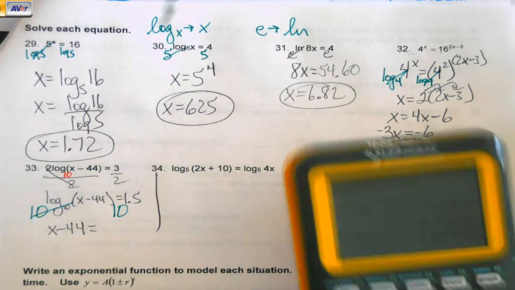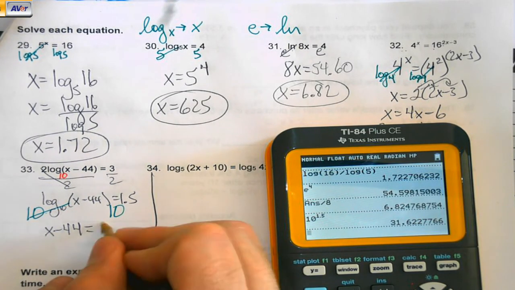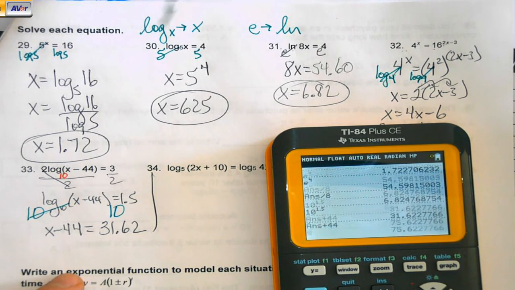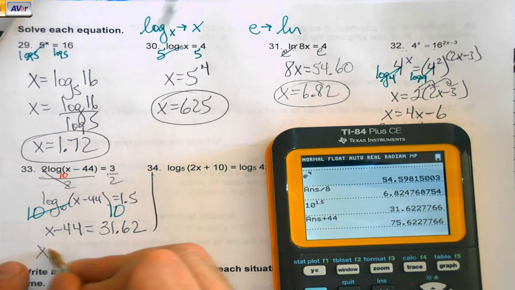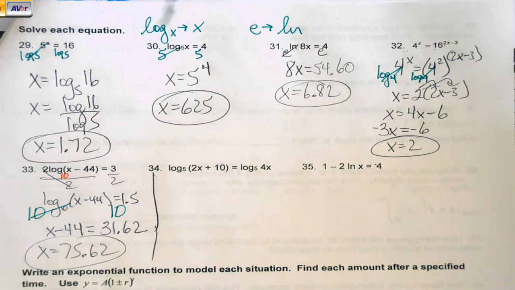And we'll see what 10 to the 1.5 is. I don't think that off the top of my head is a good idea. And then add my 44. So I can get funky decimals. Okay, don't think you're doing it wrong just because you get a funky decimal.